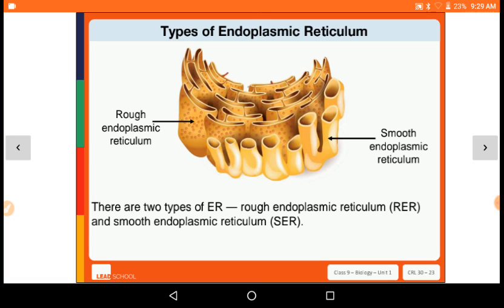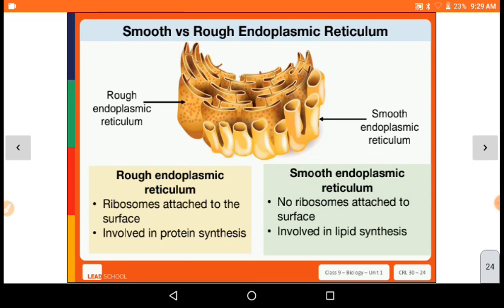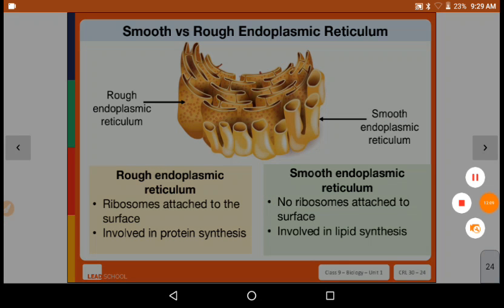And the main difference is ribosomes are attached to rough endoplasmic reticulum, and no ribosomes are attached to smooth endoplasmic reticulum. Protein synthesis is done by rough endoplasmic reticulum, and lipid synthesis is done by smooth endoplasmic reticulum.